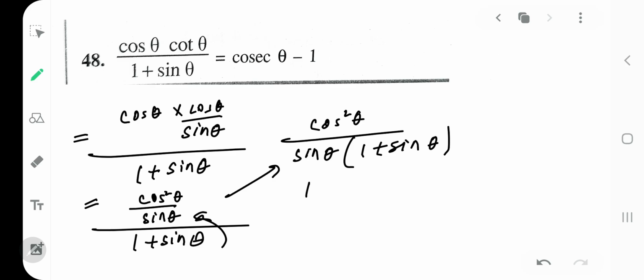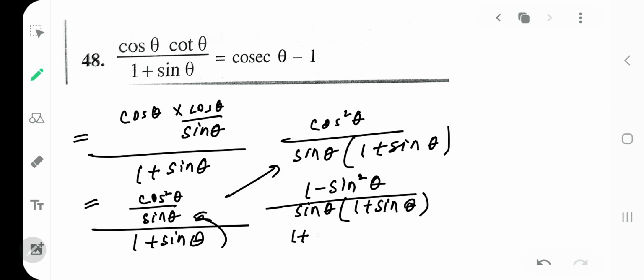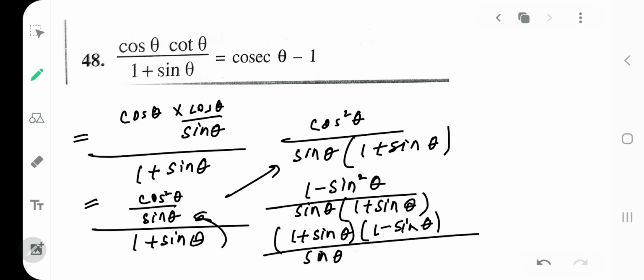For cos square theta, I will write it 1 minus sin square theta, and down it will be sin theta bracket 1 plus sin theta. For 1 minus sin square theta, I will write it 1 plus sin theta, 1 minus sin theta, and down you have sin theta, 1 plus sin theta.